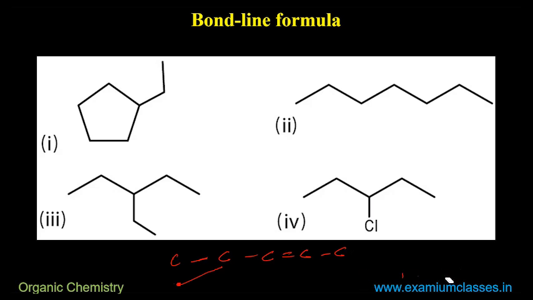To indicate where the carbons are, I will make either the ends or the bends. So this is bent. From this carbon to the next carbon there is a double bond, so I will make the double bond. Then to the last carbon, a single bond, I will draw the single bond. This is called the bond line formula.